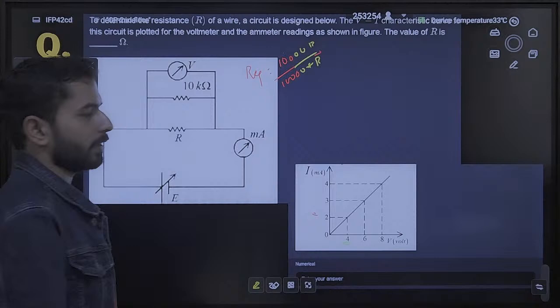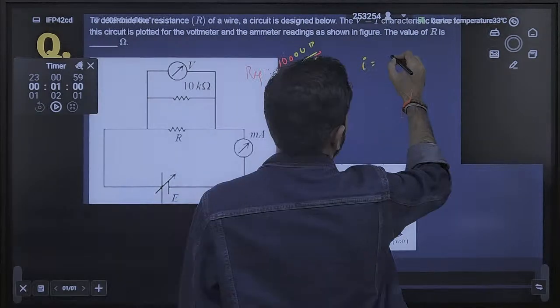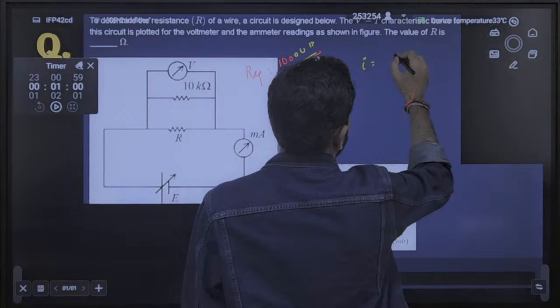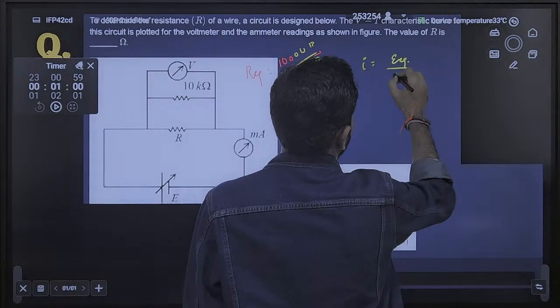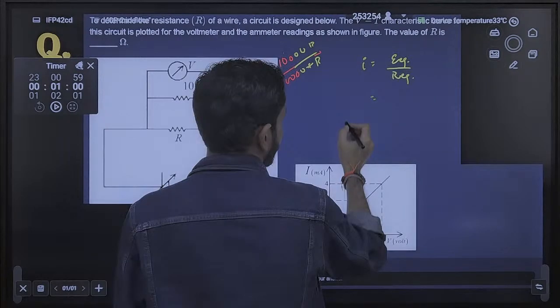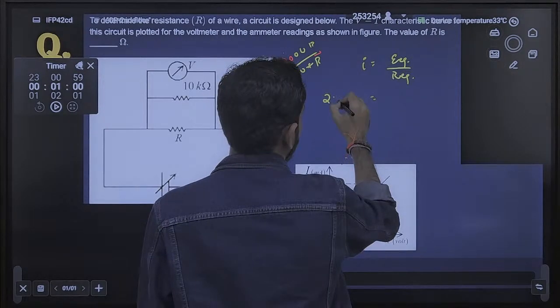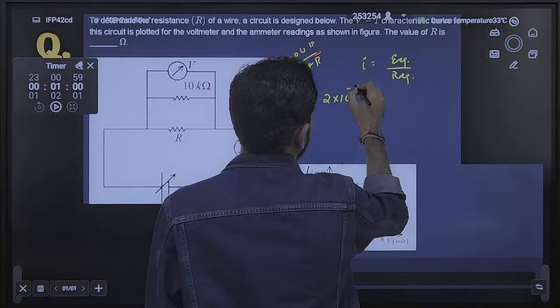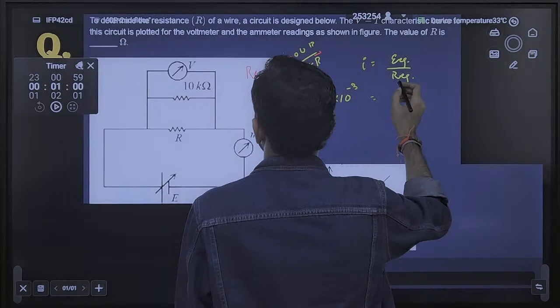And now what I can say? I can say I is equal to E equivalent divided by R equivalent. Now what is the current that is flowing at this moment? 2 milliampere, that means 2 into 10 power minus 3 is equal to E equivalent.